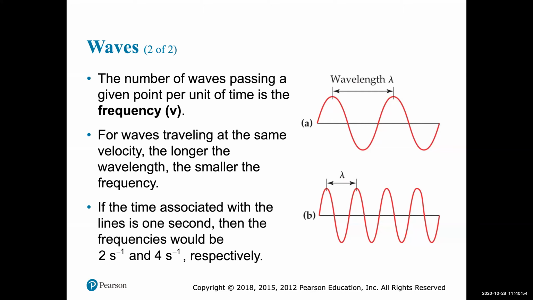It can be expressed as seconds to the -1. It can be expressed as hertz, H with a small z. So don't get confused by the units. All 3 of those are commonly used. So you should be aware that s to the -1, 1 over s, and Hz all are saying the same thing. They're all units for frequency.